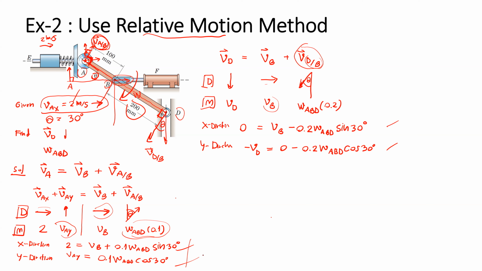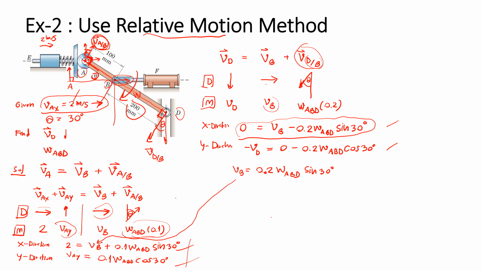We can begin from here. From here, we have VB equal to 0.2 omega ABD sine 30 degree. And we combine these. We substitute VB here.